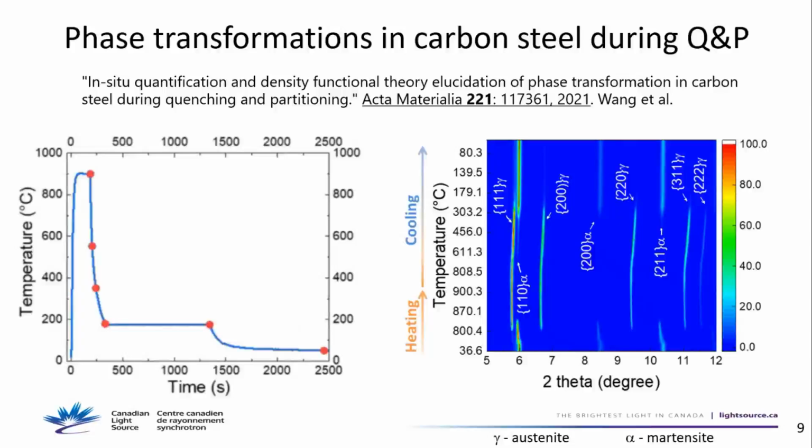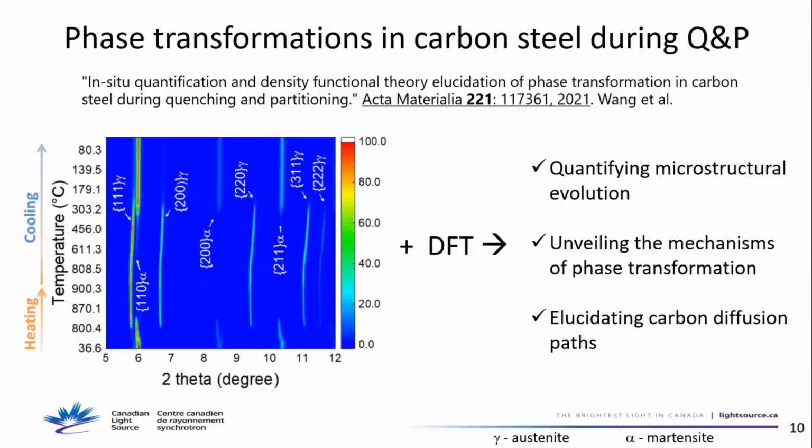This is similar to the quenching and partitioning thermal process. And the diffraction patterns change very nicely as they heat and cool, and you can see how the martensite phase shows up and austenite, and everything falls together. And they put this also together with DFT, density functional theory calculations.